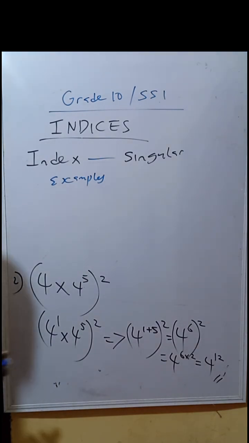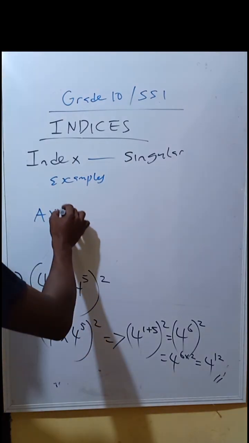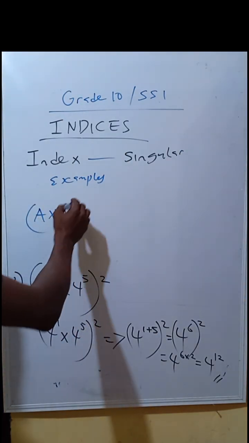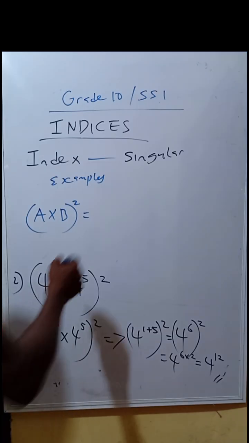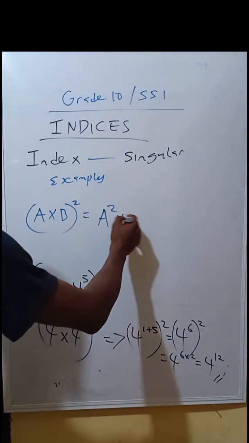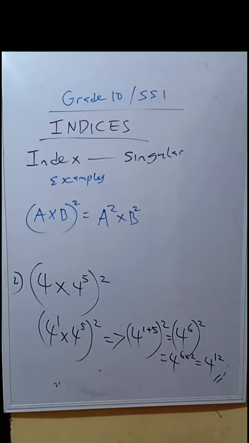Another way to do this is to say that a number multiplied by another number, squared, can be written as a squared times b squared. You can write it like this.